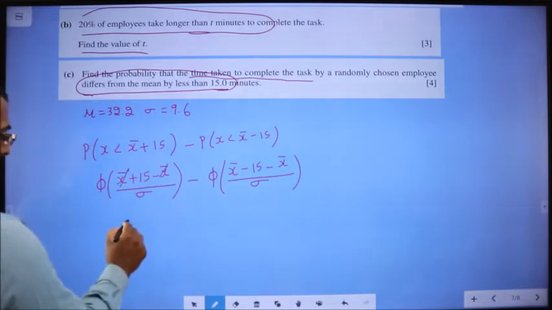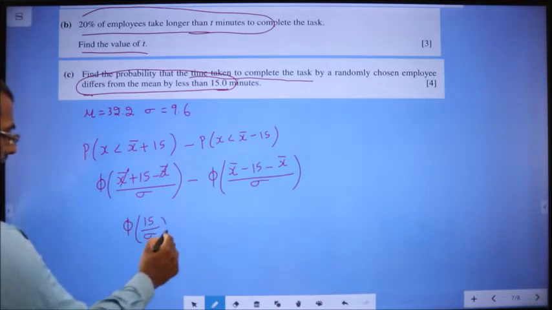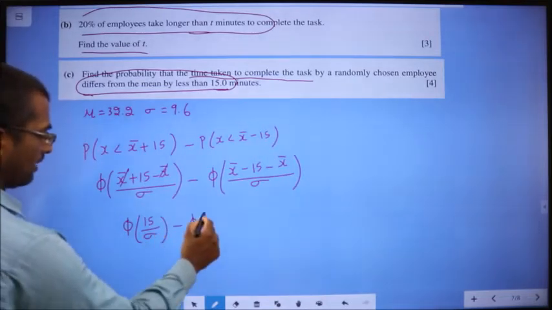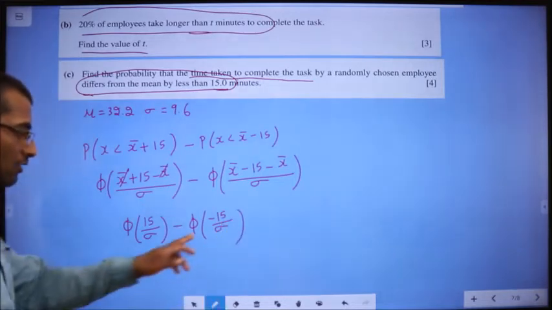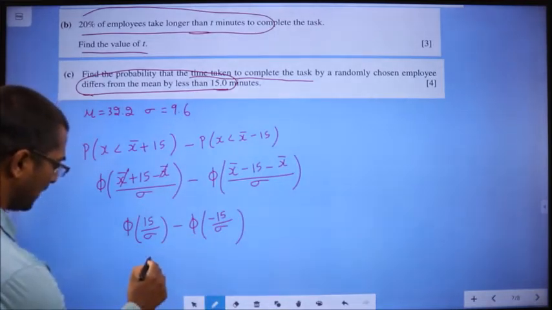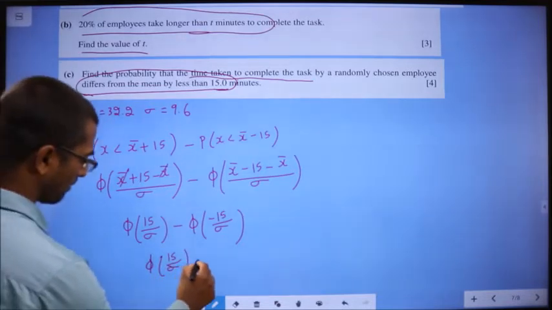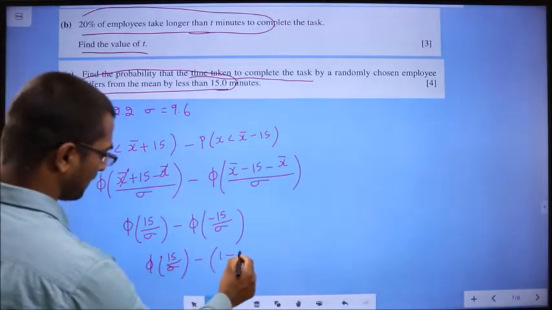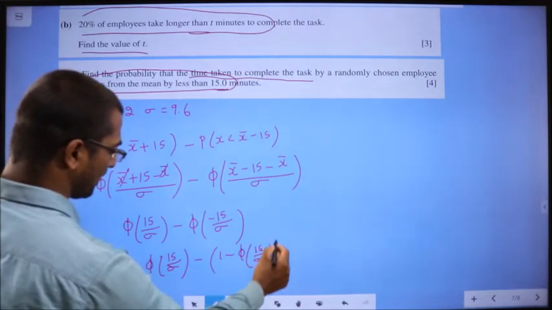X bar gets cancelled, left with phi of 15 by standard deviation minus phi of minus 15 by standard deviation. How do I make this positive? Doing 1 minus phi of 15 by standard deviation.